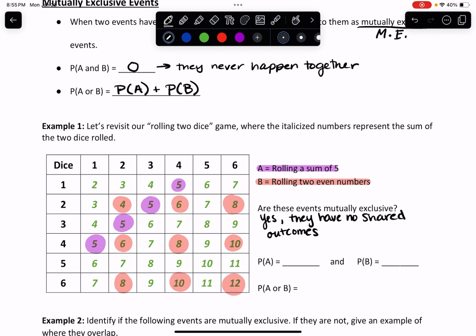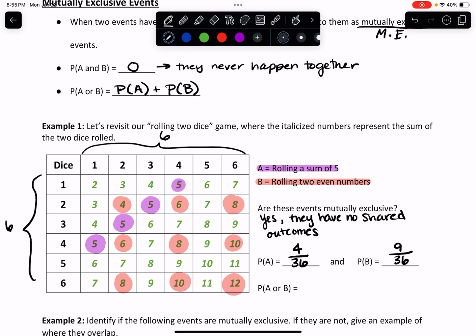So the probability of A, the probability of rolling a sum of 5, is 4 out of our 36 total outcomes, 36 coming from 6 rows and 6 columns. 6 times 6, 36 possible sums in the table. And then the probability of B is 9 options out of 36, 9 of the red squares highlighted.